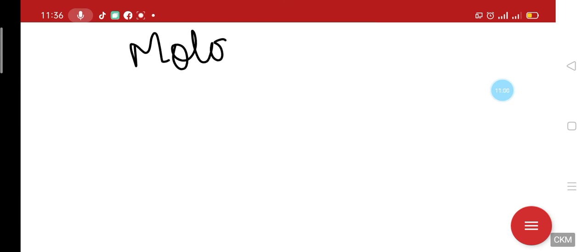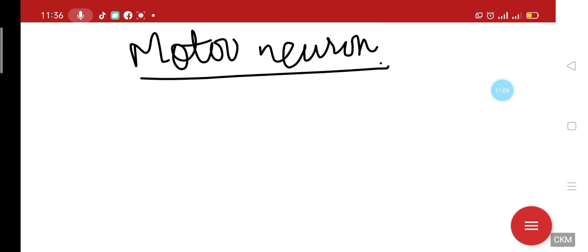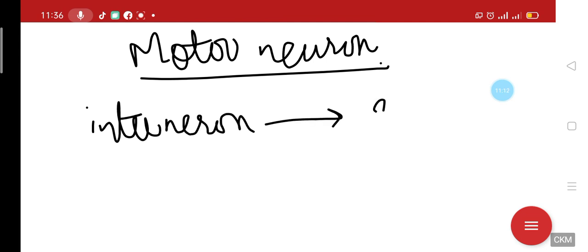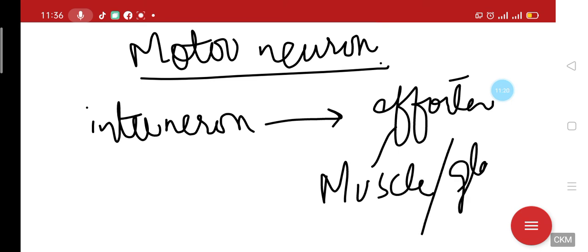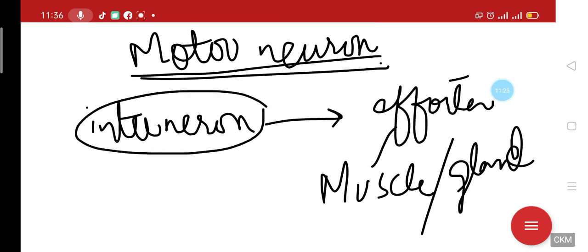And the third type is the motor neuron or motor nerve cell. The motor nerve cells receive the message from the interneuron and send it to the effector.